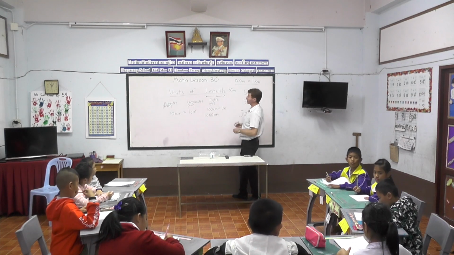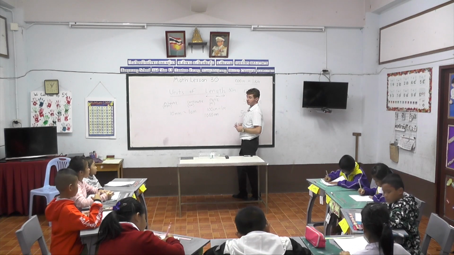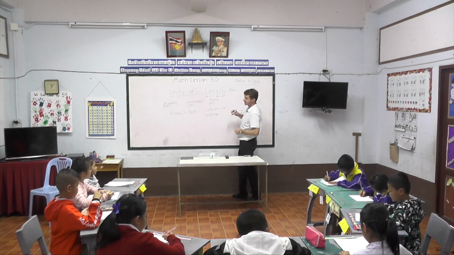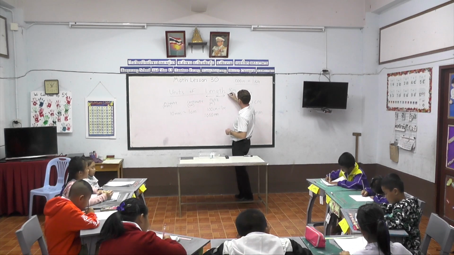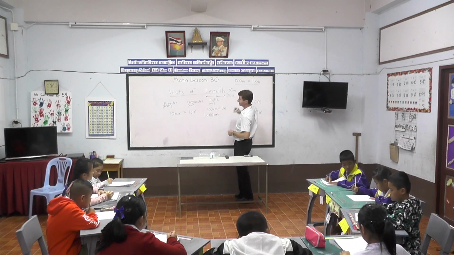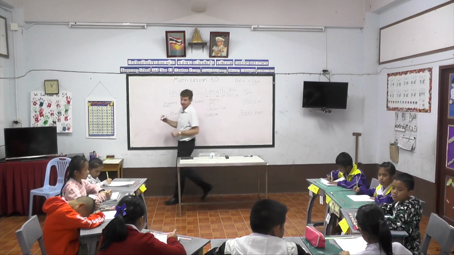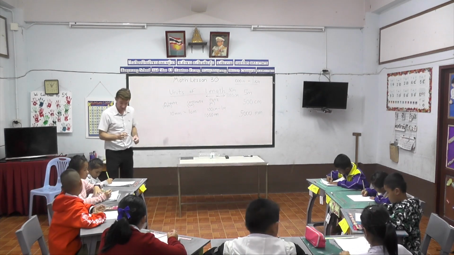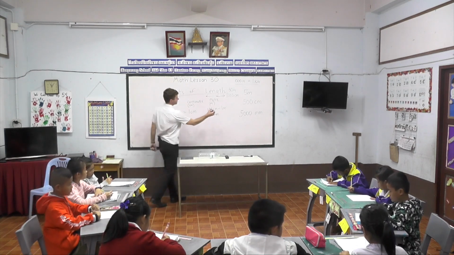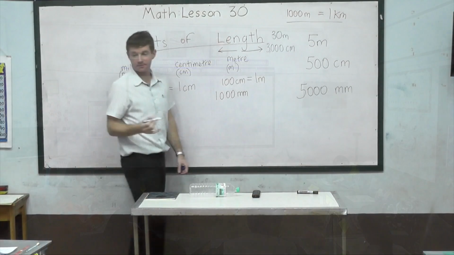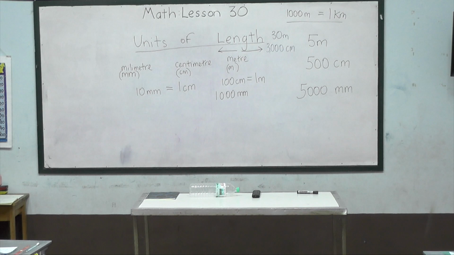30 times 100, 30 times, not plus. So 30 meters equals 3,000 centimeters. And then, how about millimeters?